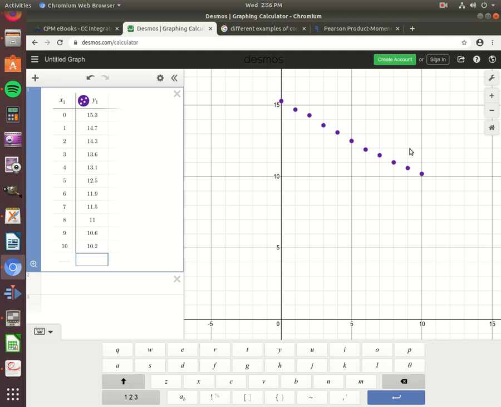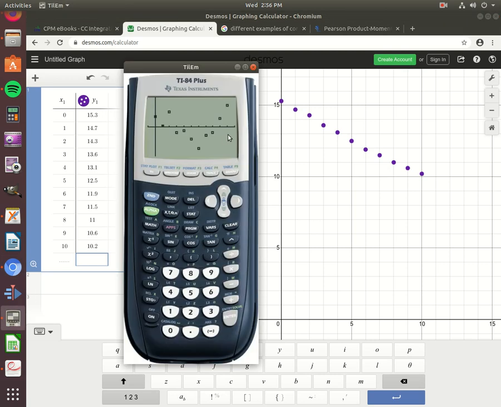This data, a line is not a good fit, which is crazy because it looks like a line is such a great fit. But when we look at our residual plot, we can see it should be a very slight curve instead. It would make more sense to make it a slight curve. As a matter of fact, if you don't believe me, if you look at the residual plots, you can see positive, positive, and then it goes negative, negative, negative, negative.